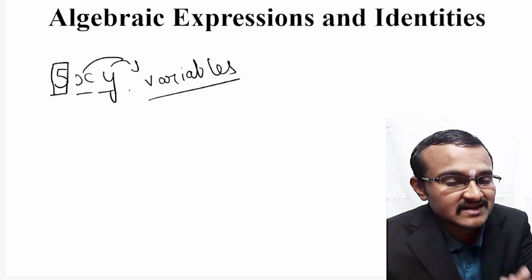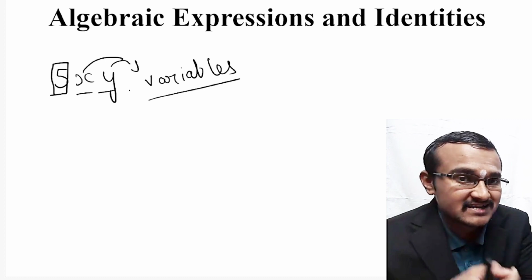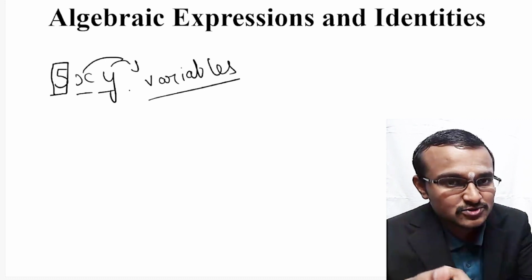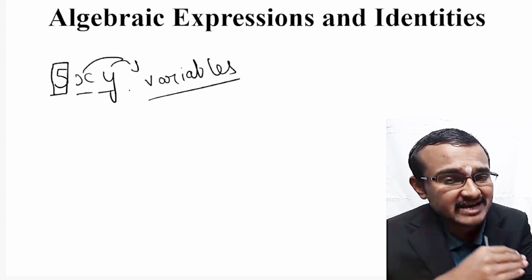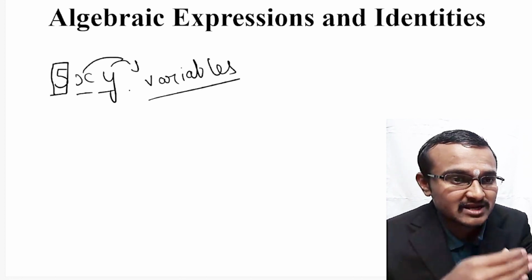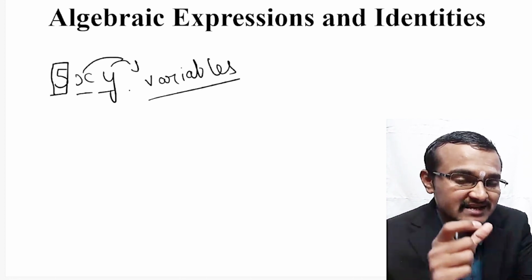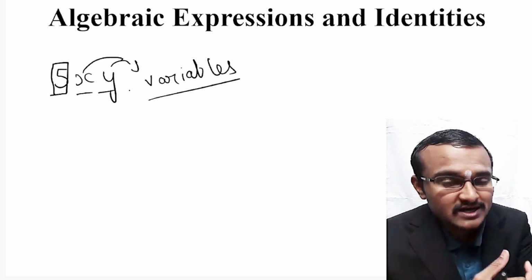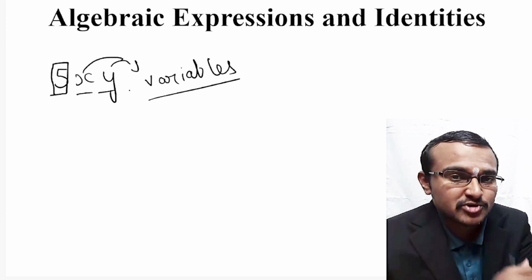Similarly, if there are 3 terms, it is known as a trinomial. Similarly, if there are 4, it is known as a polynomial. Even binomials and trinomials are also known as polynomials. So if an algebraic expression contains two or more terms, then they are collectively known as polynomials.